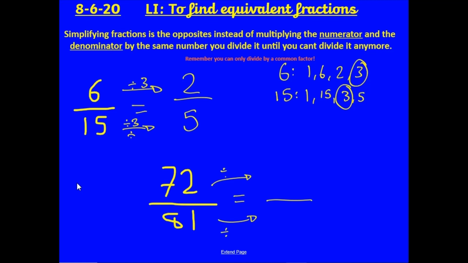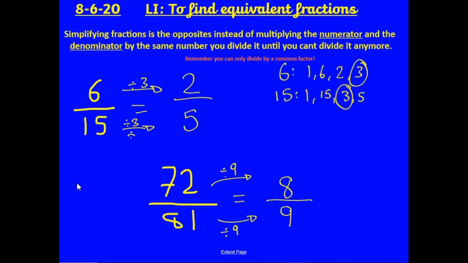You could try and halve it, or you could try and divide it by 3 first. But 72 and 81, you should know that they are both in the 9 times table, so they're both divisible by 9. 72 divided by 9 is going to be 8, and 81 divided by 9 is 9.